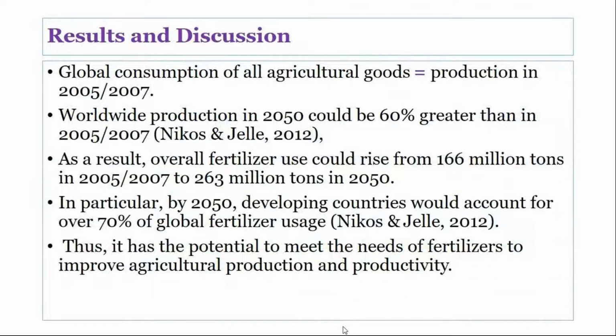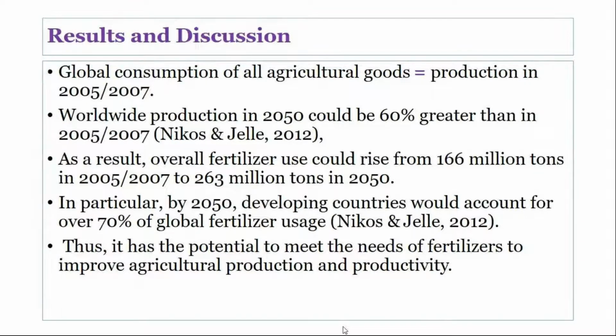For example, global consumption of agricultural goods was almost equal with production of agricultural goods in 2005-2007. By 2050, agricultural production could be 60% greater than in 2005-2007.